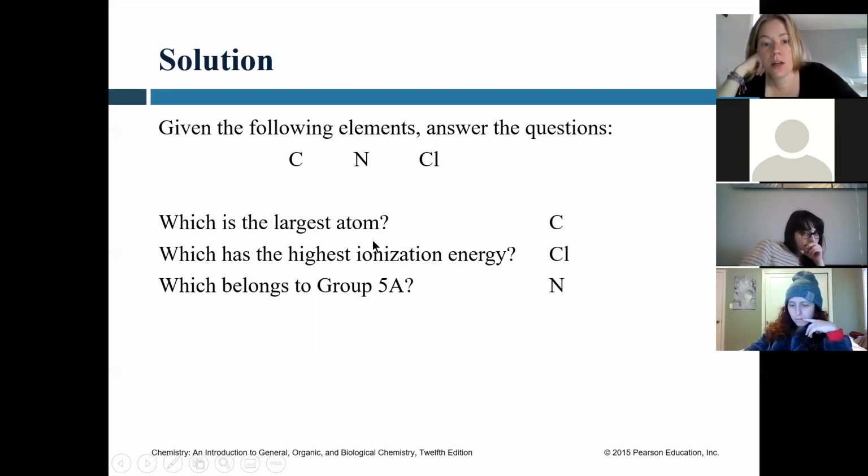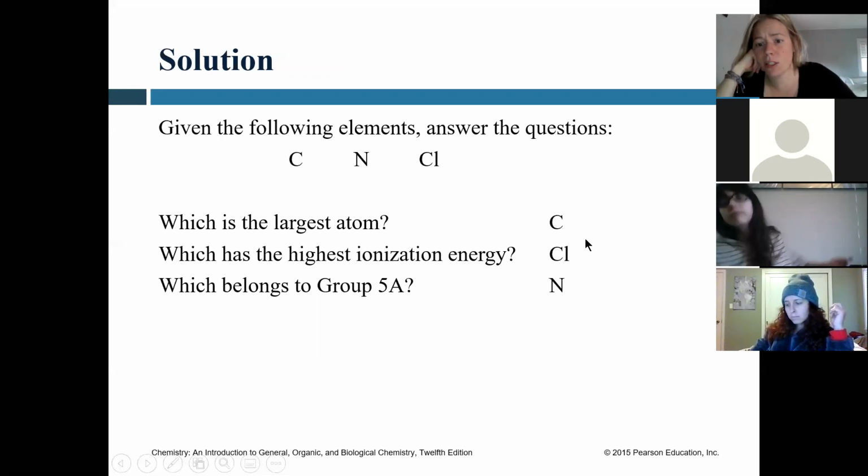The largest atom here will be carbon. I know it's a little tricky with the chlorine, but carbon is sitting a couple steps closer to where Frankie is. The highest ionization energy is going to be chlorine, because it's closer to that upper right-hand corner.